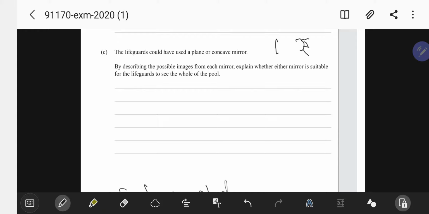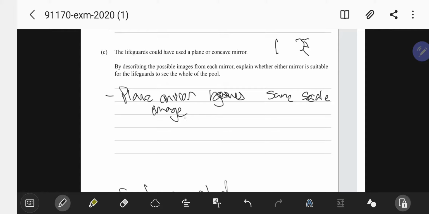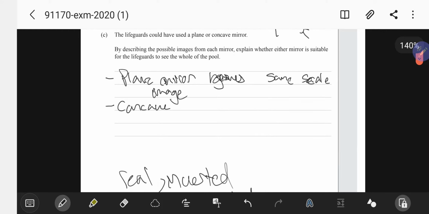So the plane mirror is going to be the same magnification. I'm not really going to write this in detail, I'm just getting the main points. Plane mirror gives the same scale image, whereas a concave is going to give an enlarged image.